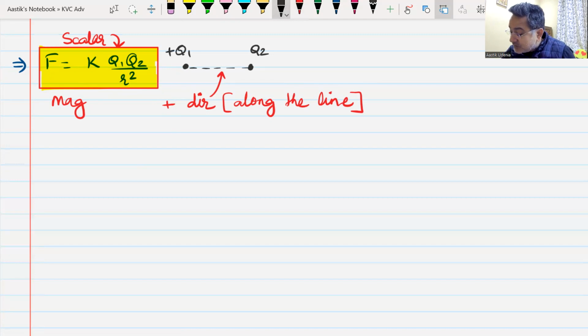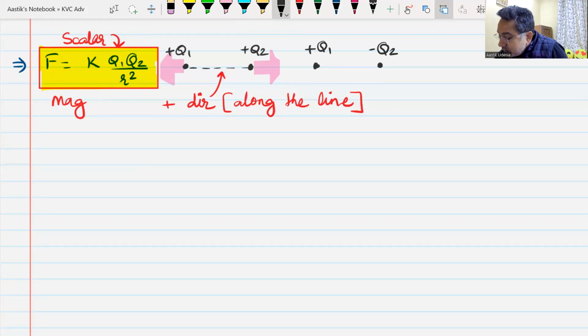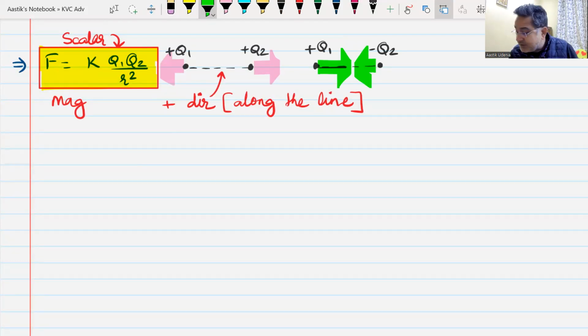Then, if both the charges are positive, then the force would be repulsive. So force would be like this. If both the charges are negative, then also the force would be like this. But if one charge is positive and the other charge is negative, then the force would be attractive. So this is how you can find the direction of force between two point charges.